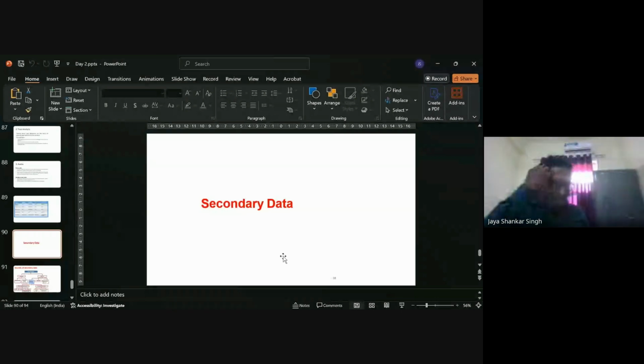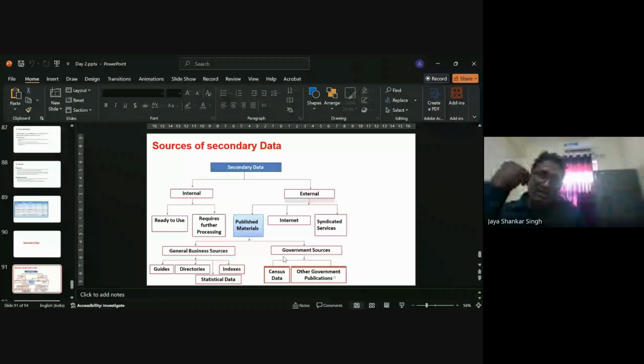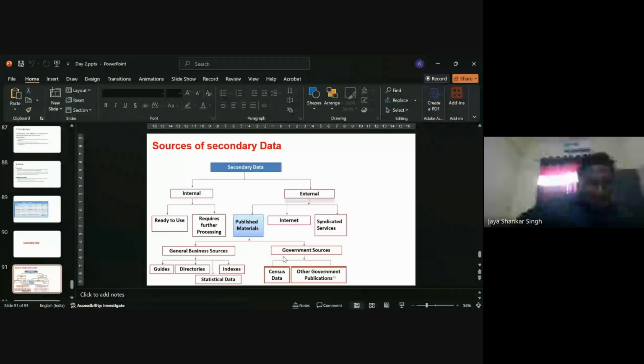Definition of the secondary data. The secondary data can be both internal and external. Internal in the sense, you have collected the data, but you didn't know that you are going to use those data to solve a particular problem. Like any organization, they keep track of all their consumers, their buying behavior, everything.